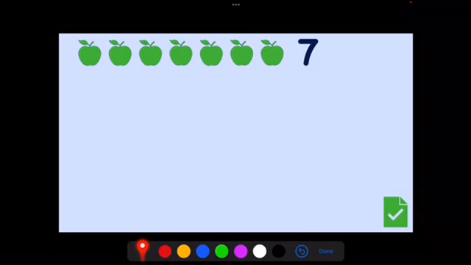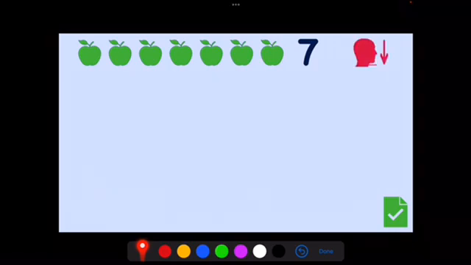And there's the number. But we're going to pronounce it sev-en to help us think about the spelling, because it's another word where we don't say the last syllable in a way that helps. So sev-en.